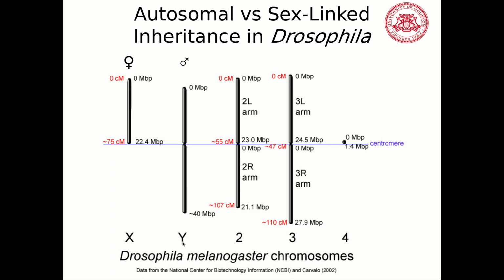They have an X and a Y, and then a 2, 3, and a 4. So Drosophila are a little different than humans, with fewer chromosomes.